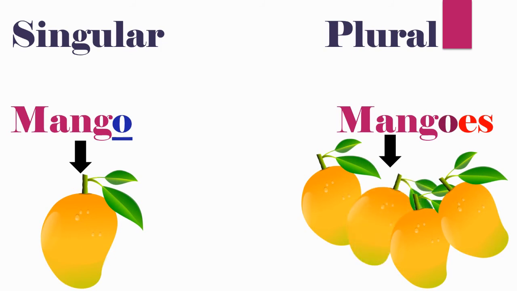For example, mango, mangoes. The singular noun ends with o. So, I have added es to the singular noun to make it plural and hence it becomes mangoes.